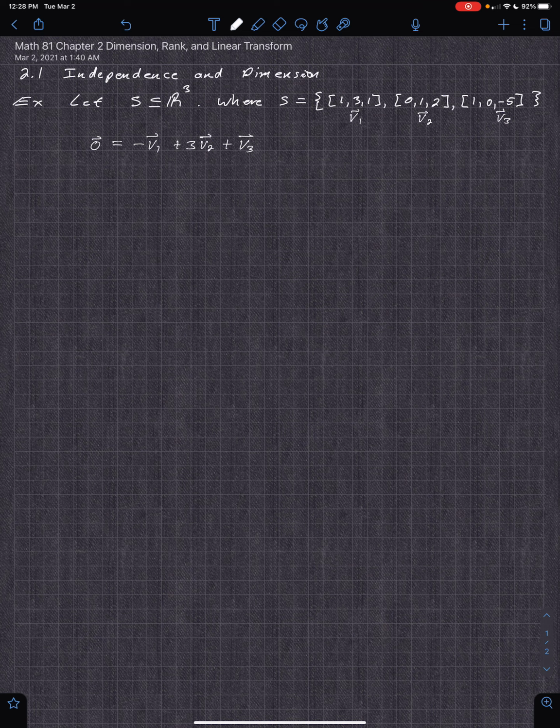So what we can also show really then is if you add that to both sides, you can start with V1. So you can say V1 is equal to 3V2 plus V3. Let's just go ahead and write that out. So that's 3 times 0, 1, 2, and then we're going to add V3, which is 1, 0, negative 5.